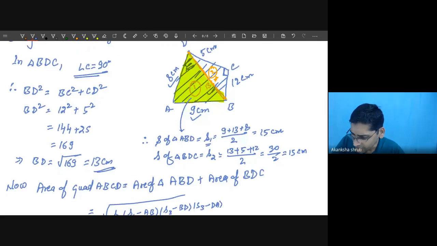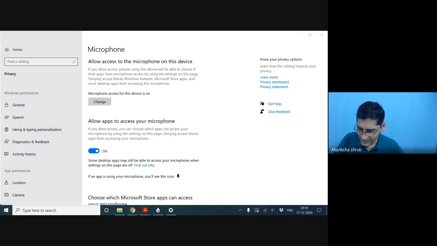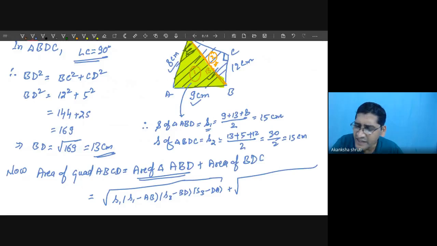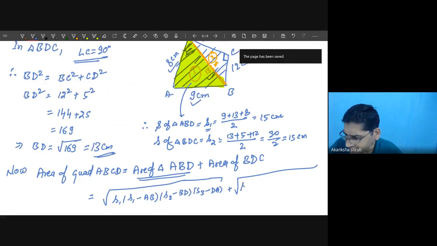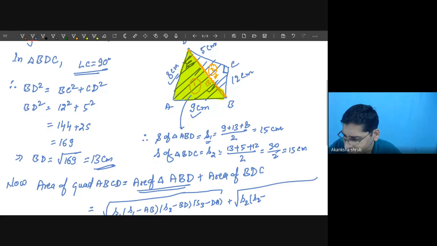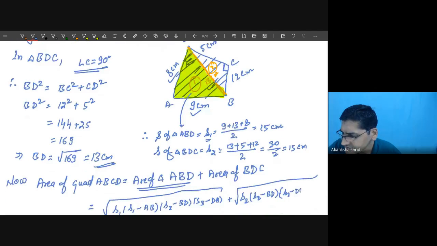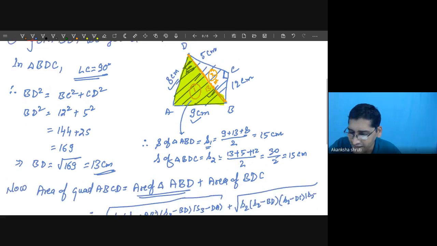You are free to substitute the names or the symbols. Similarly for the second triangle, with semiperimeter S2: S2 minus BC, S2 minus BD, S2 minus DC.